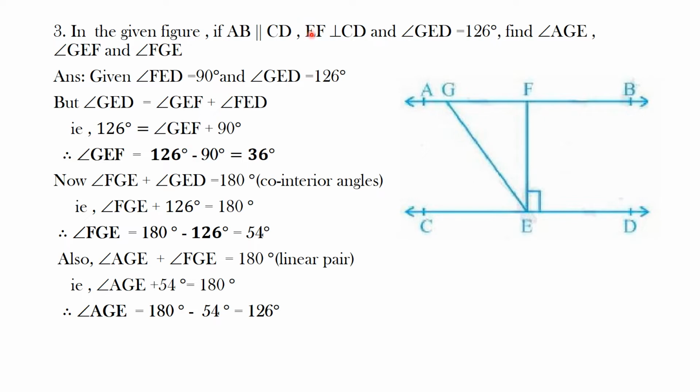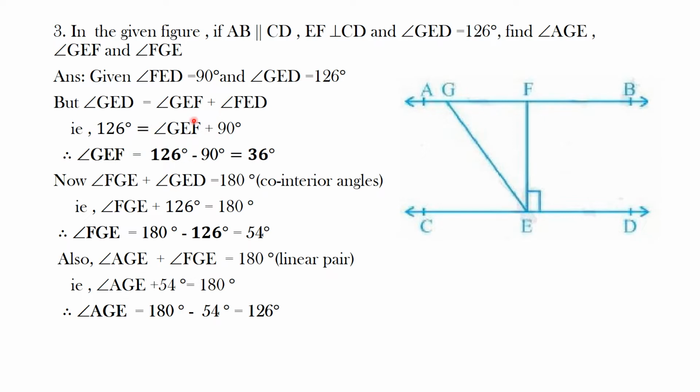Since EF is perpendicular to CD, we can say angle FED will be 90 degrees. We can write GED as angle GEF plus angle FED. We know the value for GED, that is 126 degrees, is equal to GEF plus 90 degrees.